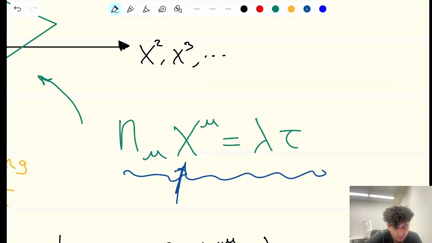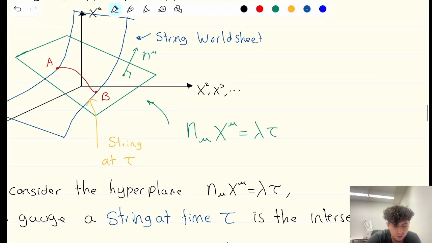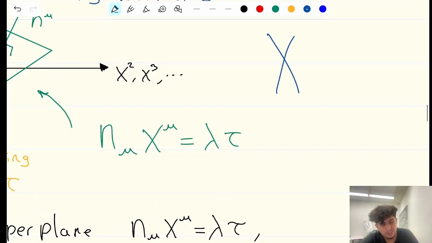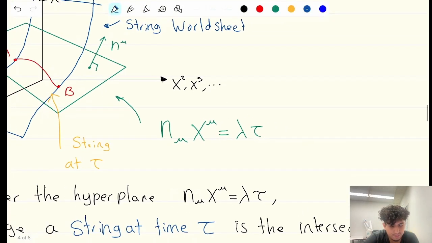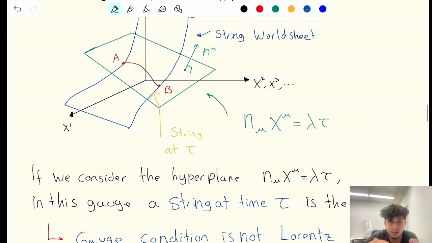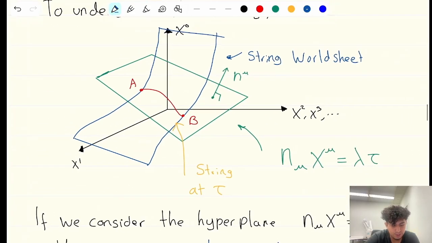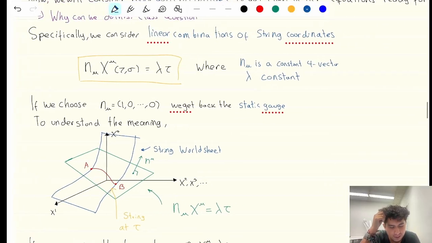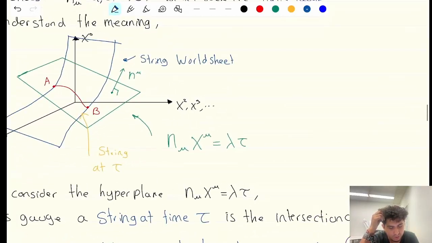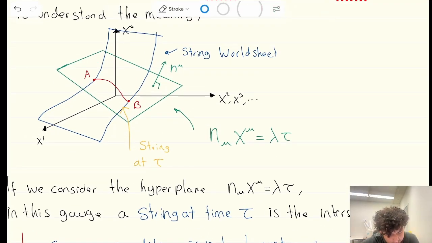Notice how I wrote, instead of the big X, the small x, because this is just a hyperplane, not a worldsheet. We save the big X for worldsheet coordinates. If you intersect the hyperplane with a worldsheet, that's where you get the string at a time tau. That's the picture you have to have in mind for this generalized gauge: hyperplanes intersecting at each timestamp. And that's how this new gauge is going to work.